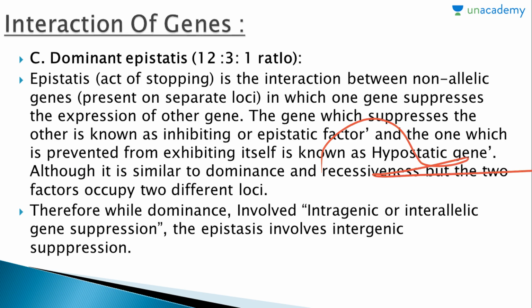Although it is similar to dominance and recessiveness, the two factors occupy two different loci. Therefore, while dominance involves intragenic or intra-allelic gene suppression, epistasis involves intergenic suppression.